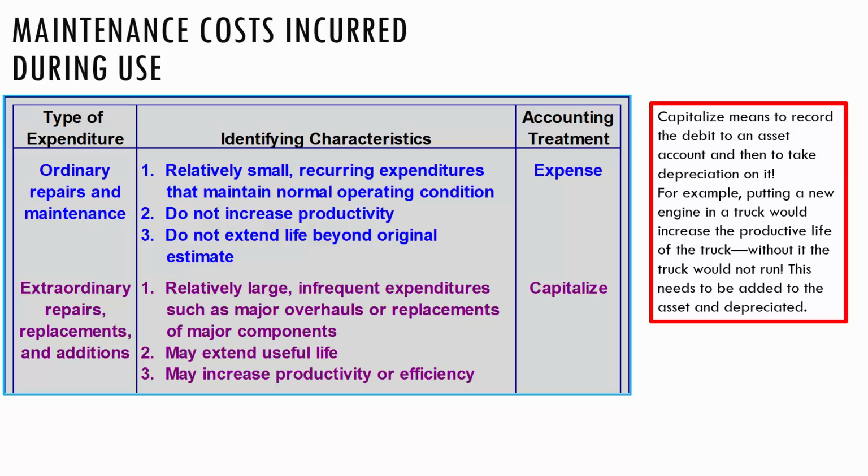That would be capitalized. The tires on this truck would also be capitalized, and they would probably be depreciated over their useful life. The tires will not last as long as the truck itself, so we will probably capitalize those and put them in a separate account.